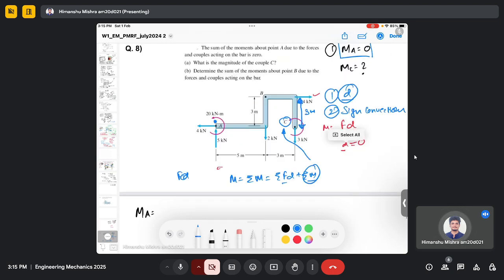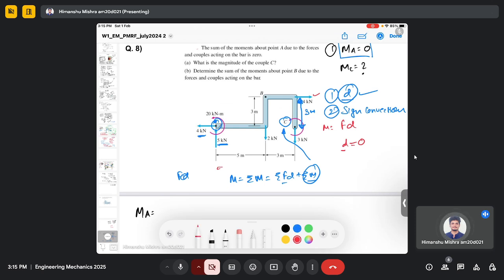So we need to identify which forces are actually responsible for creating the movement about point A. We can see that this 5 kilonewton and 4 kilonewton force is not creating any movement because the perpendicular distance is 0 from point A to these forces.